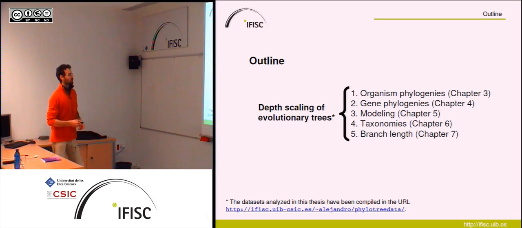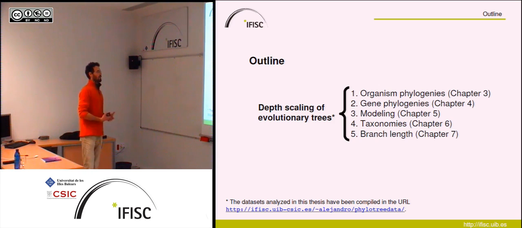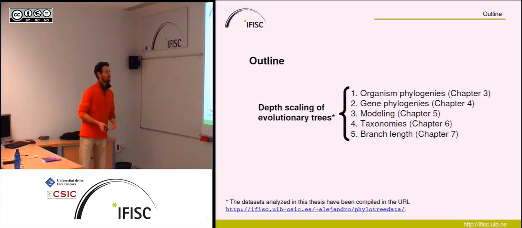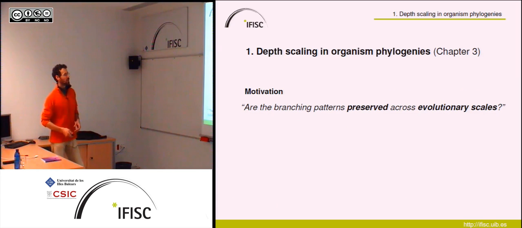In section 4, I extend this depth scaling analysis to the characterization of taxonomic trees, presented in chapter 6 of the thesis. And finally, in section 5, I will propose a branch length scaling of phylograms, which was included in chapter 7 of the thesis.